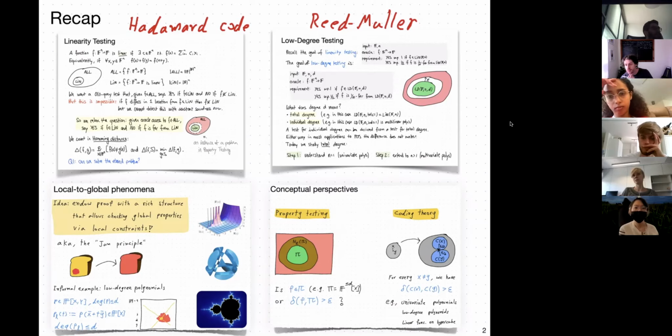And I see a question by Amit asking, when I'm saying 3 queries, it's with huge soundness error. So actually, it depends. 3 queries for testing the Hadamard code would give us, depending on the distance that we have, for constant distance, we can think about a soundness of 1/10.